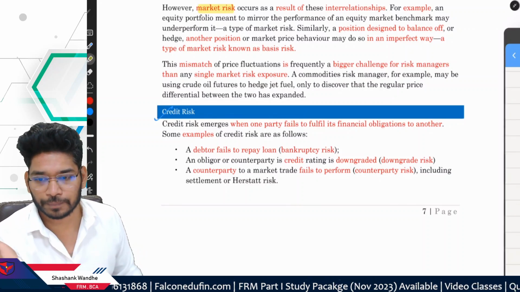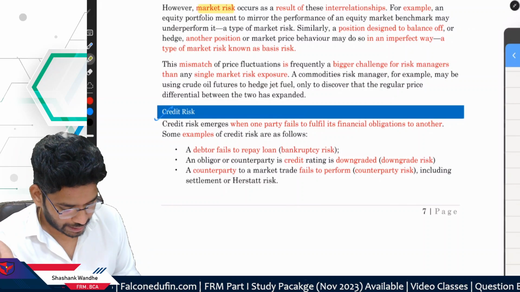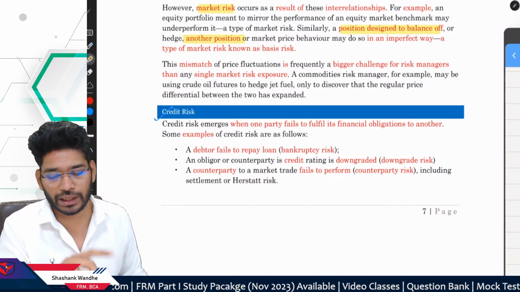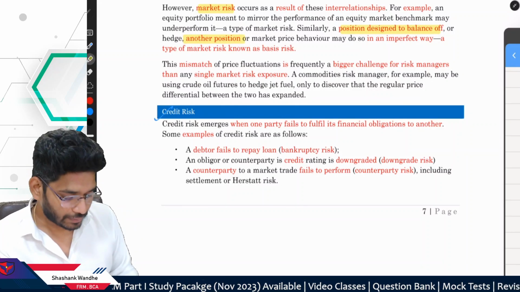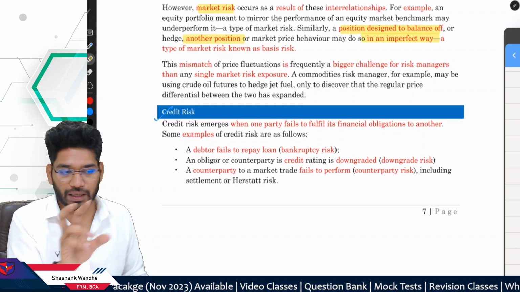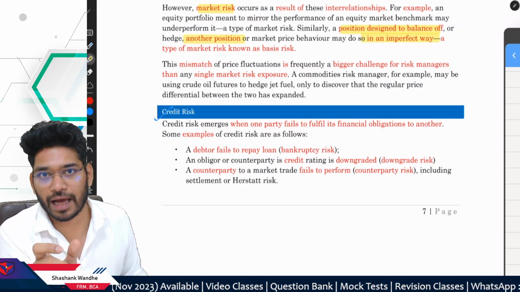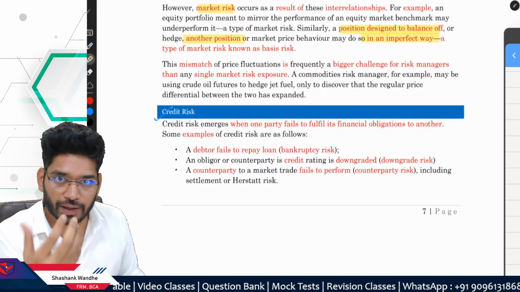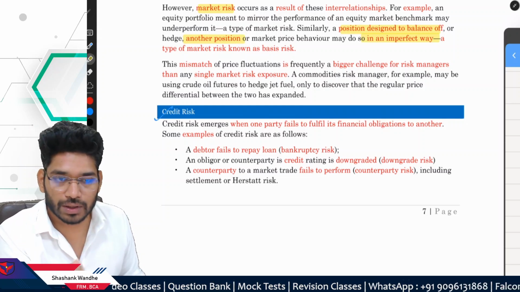For example, a position designed to balance off another position, that is, the negative correlationship we talked about. If this is done in an imperfect way, you have asset A, you have asset B, but you haven't calibrated their diversification properly, then it will unnecessarily impact your risk management and you may generate more risk.